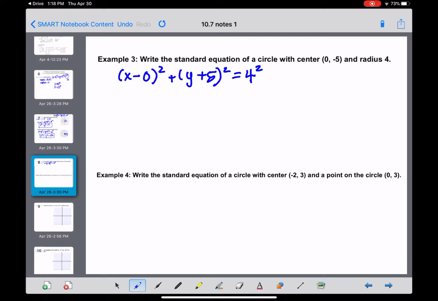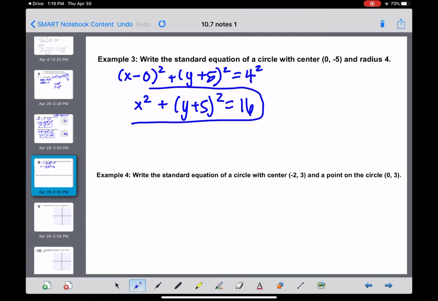Now, I'm going to change this to just x squared, but I don't need to FOIL this out. This is the form I want to keep my (y + 5)^2 as. I don't want to do anything else. It looks kind of funky to just leave it like that, but that's how I want my equation to look so that I can graph the circle easily in that form. And so that's the equation of the circle.